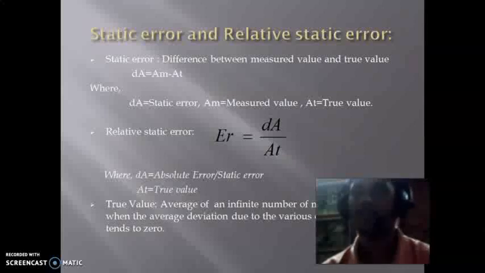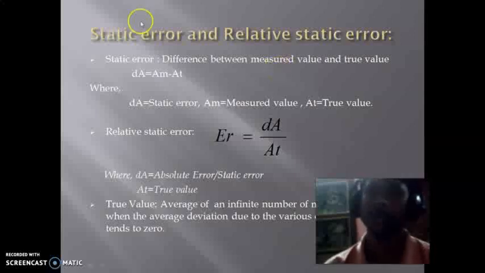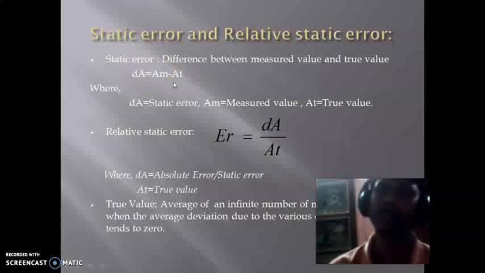First I am going to discuss the static error and relative static error, which is part of the static characteristics. Static error is the difference between the measured value and the true value. The expression is dA = AM - AT, where dA is the static error, AM is the measured value and AT is the true value.